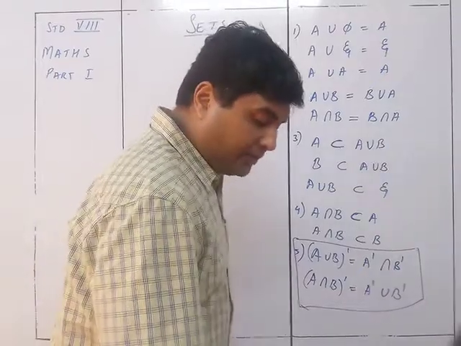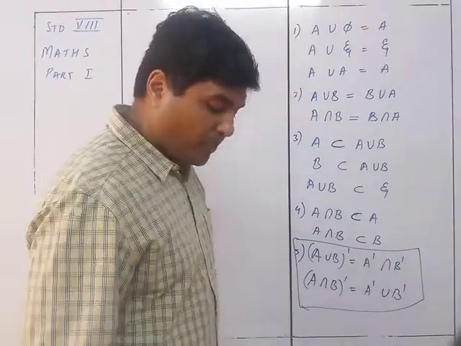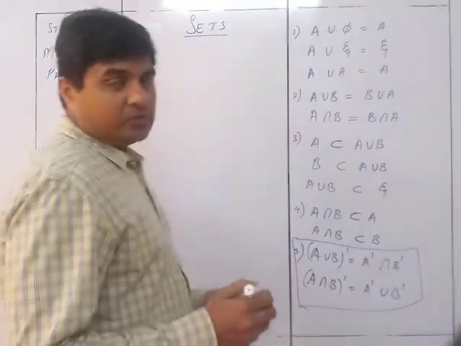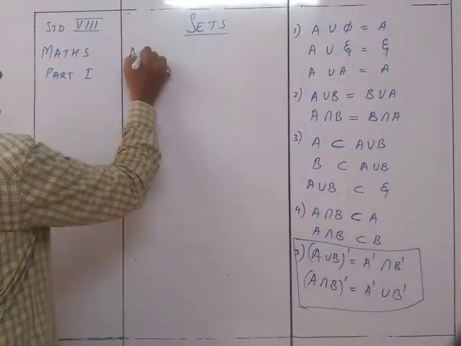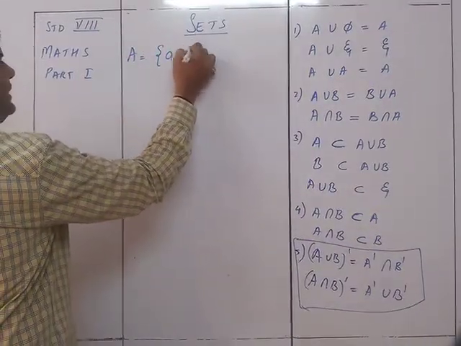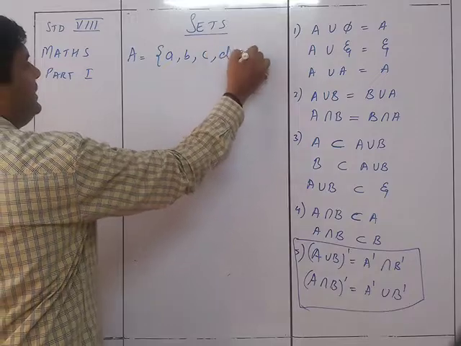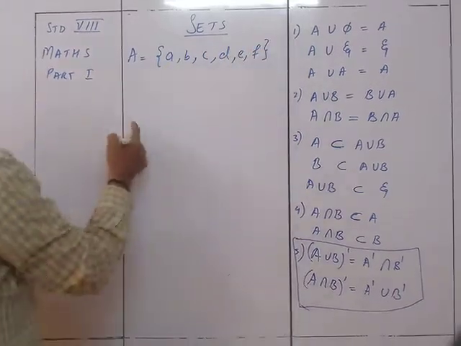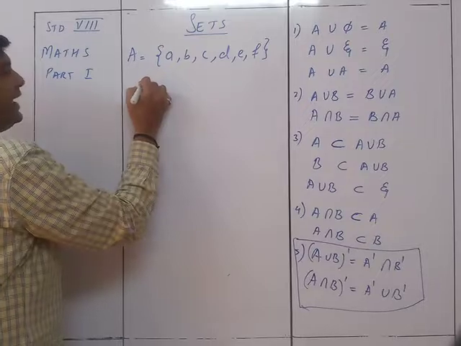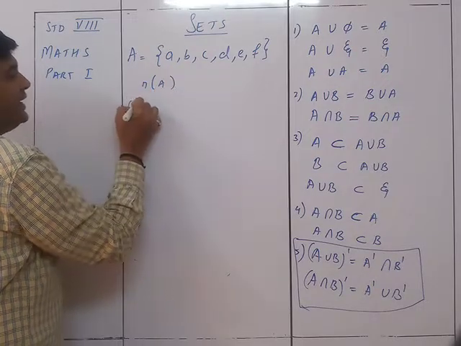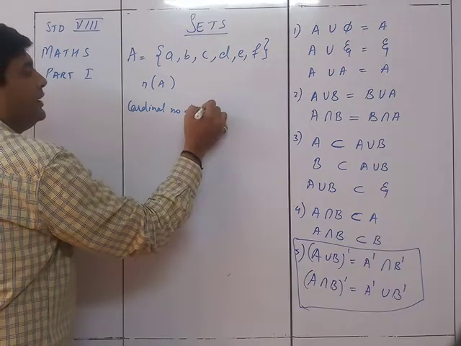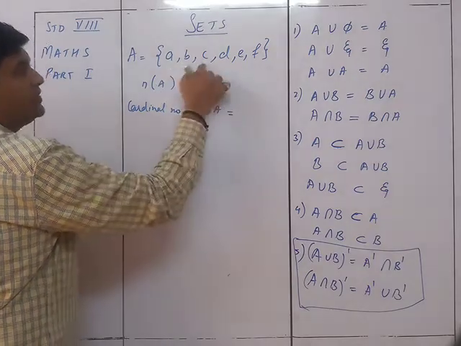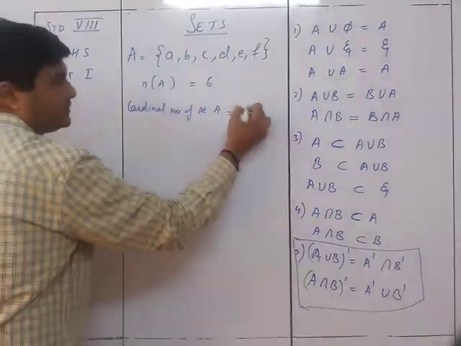But now we come to the very important formulas over here, and these are about the cardinal number. So first of all, let us understand what is cardinal number. If A is given as {a, b, c, d, e, f}, then I can write n(A), that is the cardinal number of set A, is equal to 1, 2, 3, 4, 5, 6, which is 6.